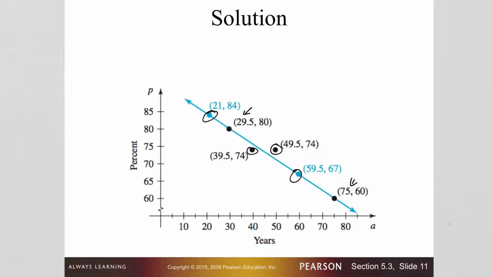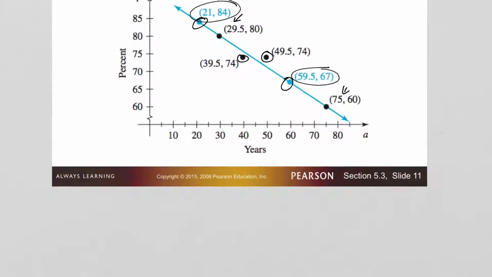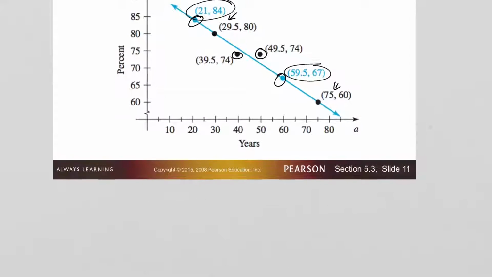So this line is a great representation of what's going on with this problem. And if you'll notice, the line is declining, so we can expect that our slope should be negative. So using these 2 points right here, we're going to find our slope, and we're going to find our y-intercept, and we're going to write the equation of this line.